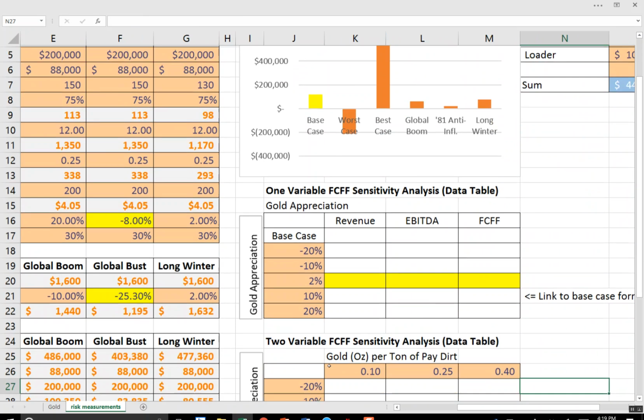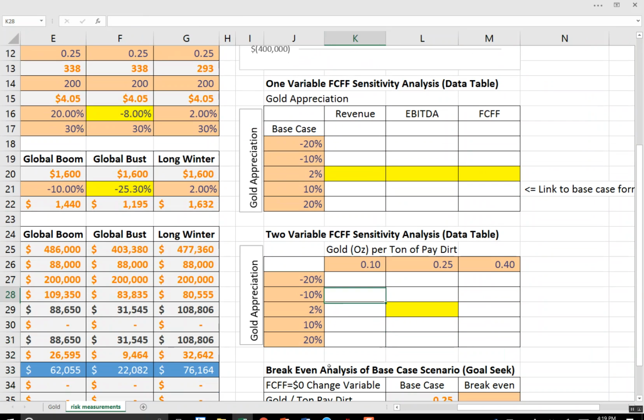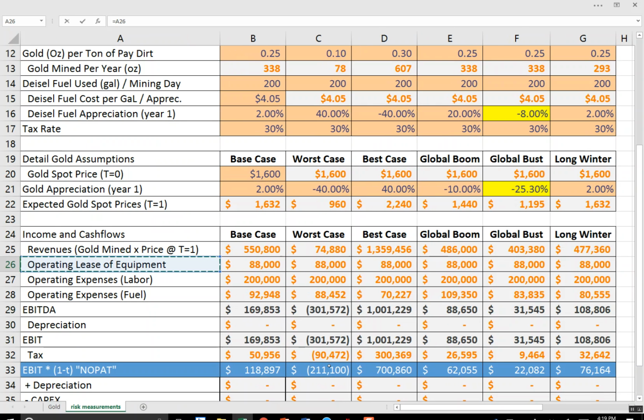First thing I want to do, let's do this two-variable free cash flow sensitivity analysis. We're going to see how changing the amount of gold in the ground affects free cash flows, and how the gold price appreciation affects free cash flows. So I'm going to do a link right here to free cash flows.